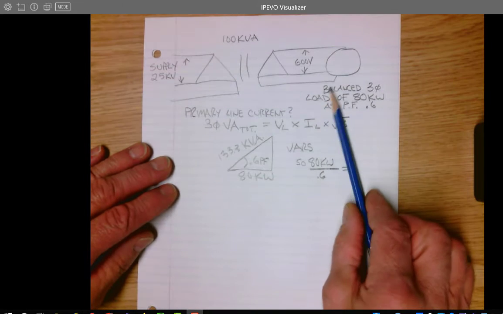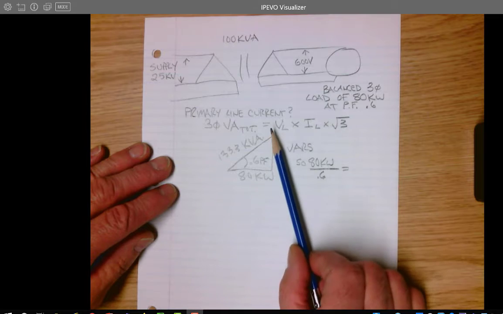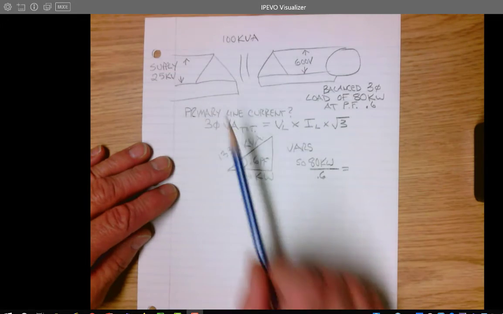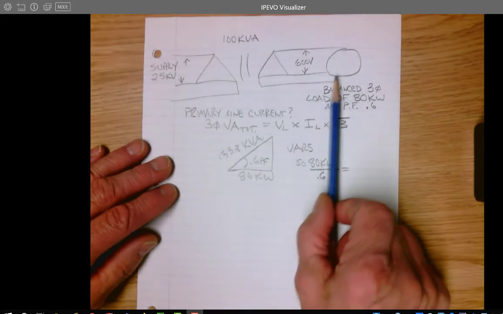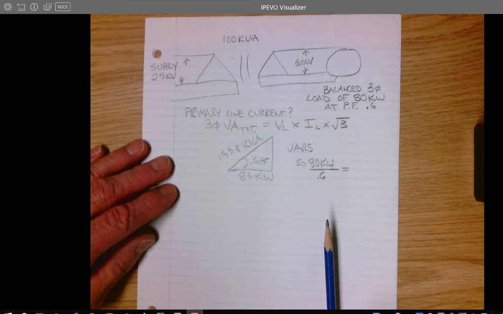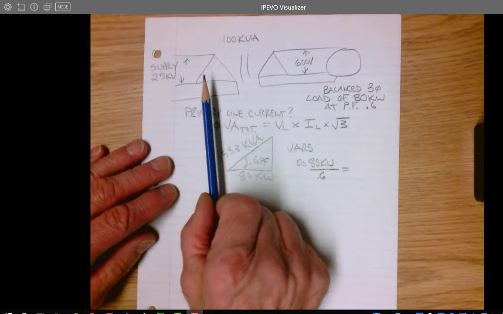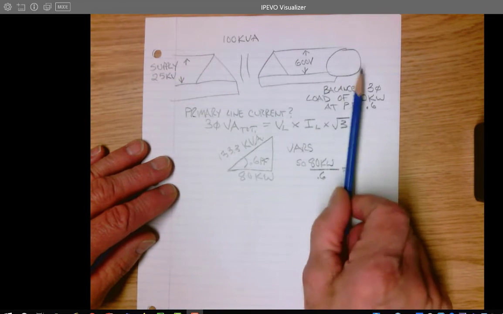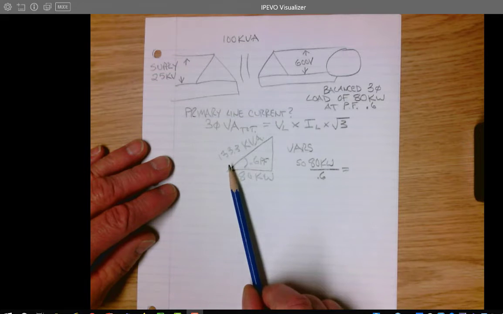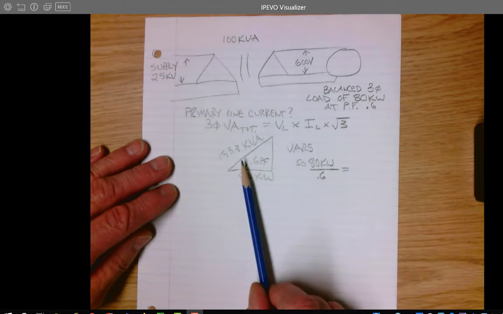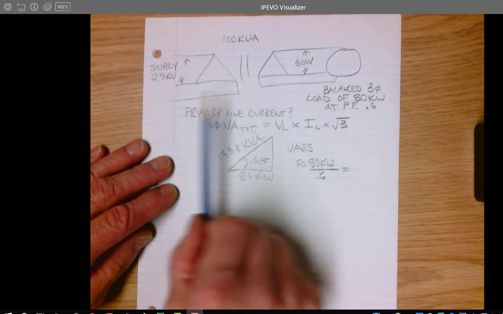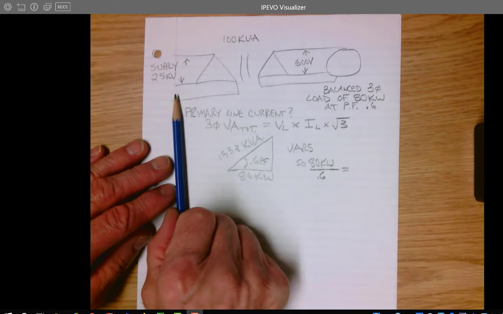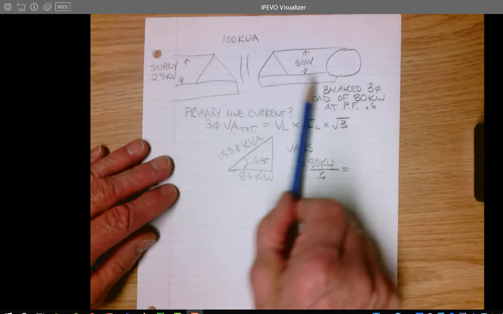And now we're asked for a current on the primary of this transformer. The load on the secondary is 133.3 kVA. And our rule we know for transformers is primary VA equals secondary VA. So if our load on the secondary is 133.3 kVA, then if I want to find a current on the primary, I can just say the primary VA is the same as the secondary.